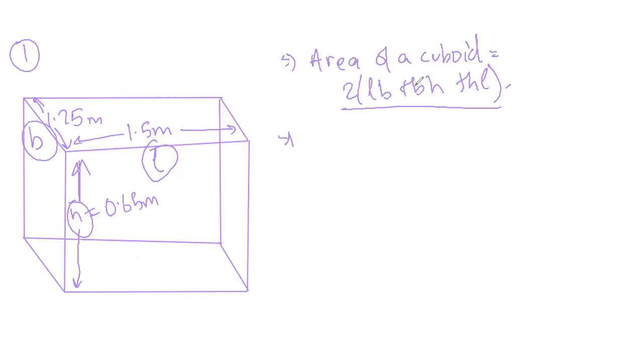Then there's BH, breadth into height, and there is one on either side, so in total it adds up to 4 sides. And then finally there's HL, height into length. There is one in the front and one in the back. So in total there are 6 sides: 2 of LB, 2 of BH, and 2 of HL.